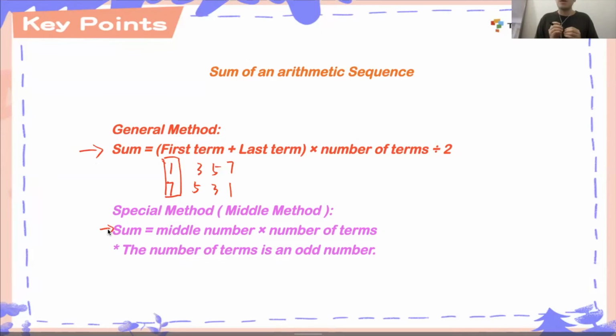So that is the reason we can have this method. And we should have some special limitation when you want to use this method. This arithmetic sequence has the number of terms that is an odd number, okay? And we have these two questions to practice these two methods.